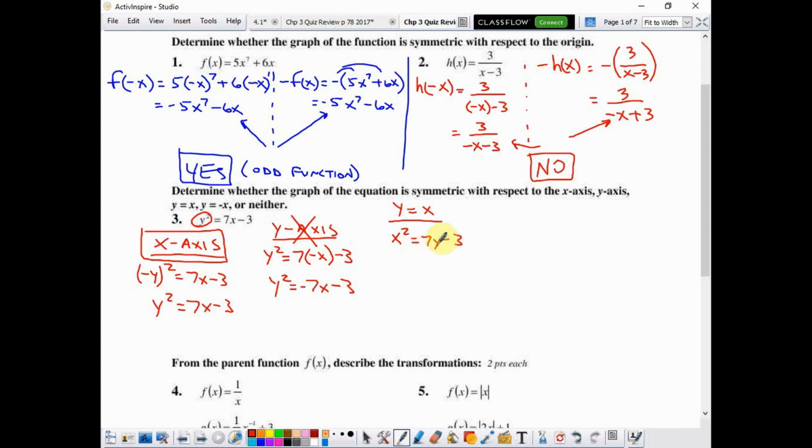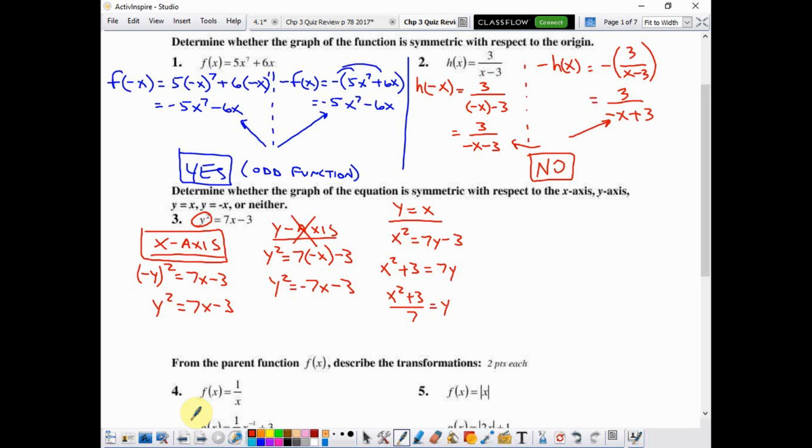So to get y by itself, I'm trying to aim for y squared. So I'm going to get y by itself. I'm going to add that 3. X squared plus 3 equals 7y. And then I'm going to divide by 7. So x squared plus 3 divided by 7 equals y. I have a y here. I'm still trying to get y squared.